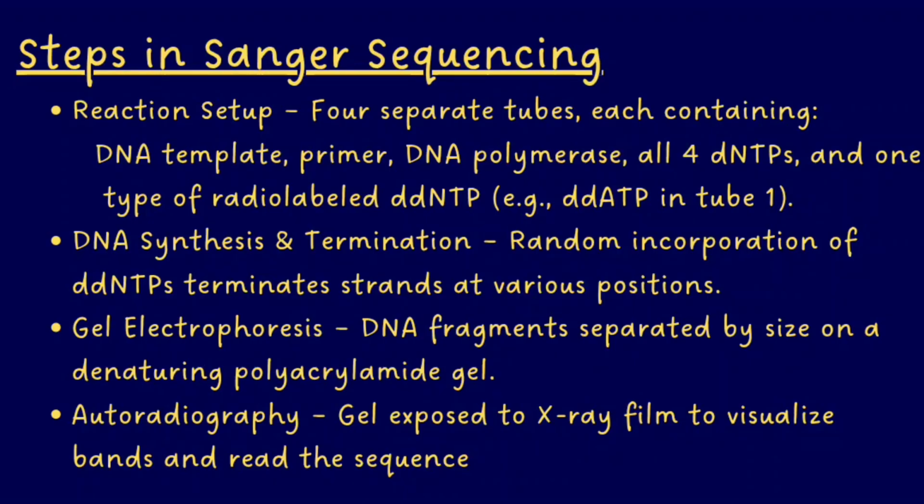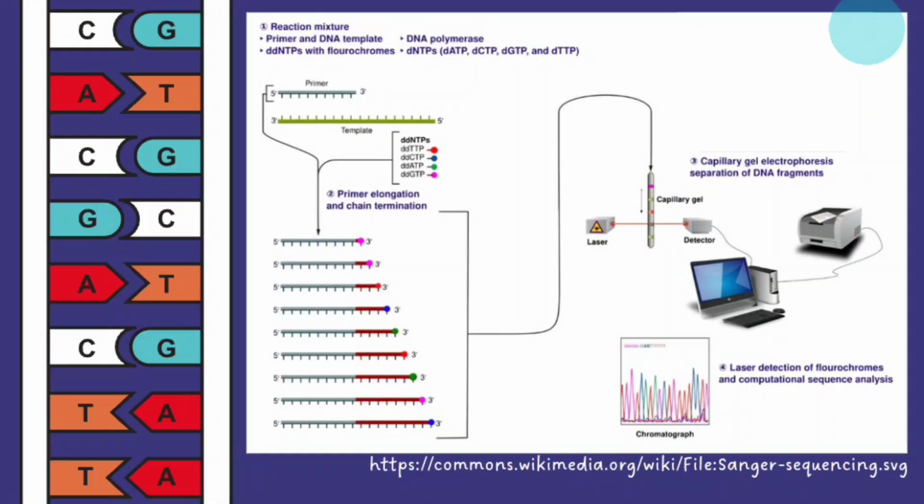Second thing that is required is DNA synthesis and termination. Random incorporation of ddNTPs terminates strands at various positions. Third thing is gel electrophoresis. DNA fragments separated by size on a denaturing polyacrylamide gel. And the fourth one is autoradiography. Gel exposed to X-ray film to visualize bands and read the sequence.